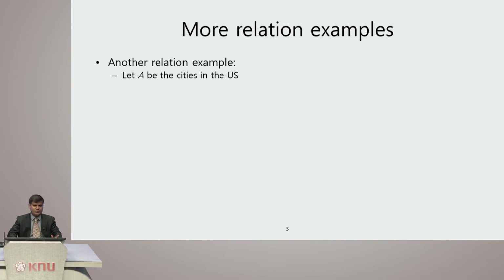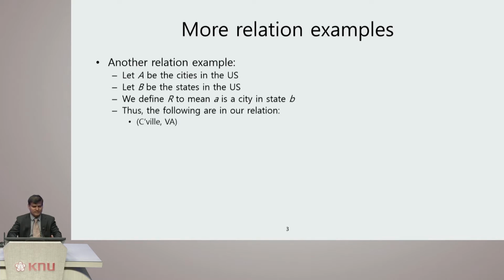Let A be the cities in the US and B be the states in the US. Let R be the relationship where (a, b) is in R if a is a city in state b. Let's say, for example, you have Philadelphia and Portland. You have Portland and Oregon, and these are the relationships that you are developing between these two sets.